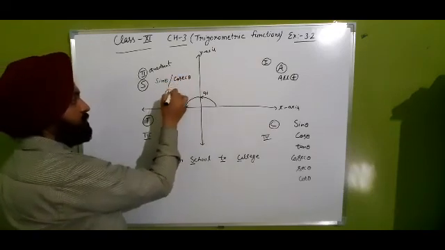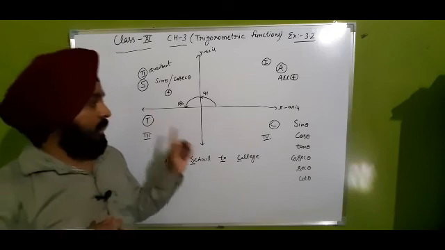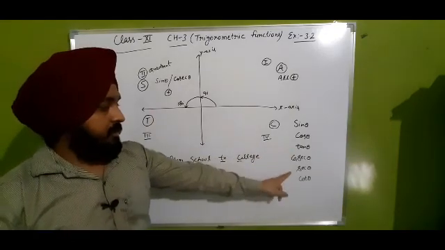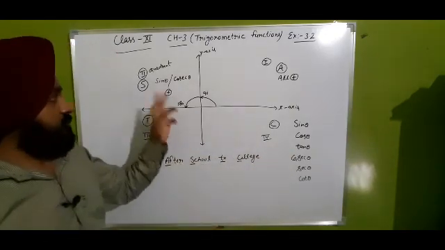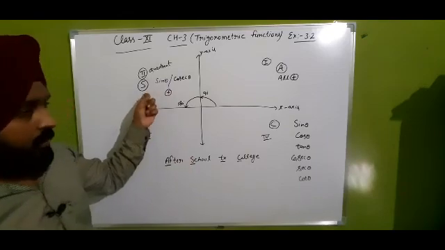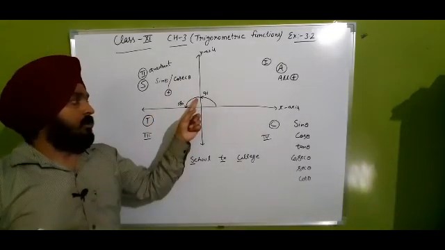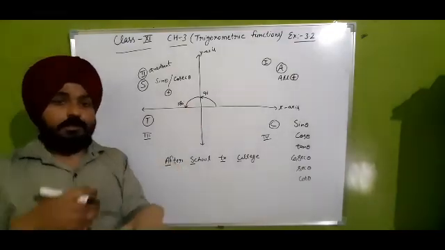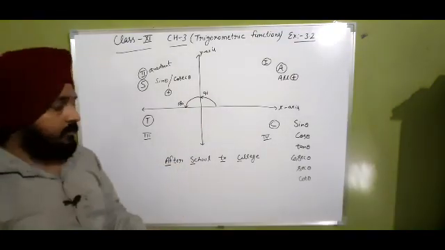These two will be positive, others will be negative. Cos, tan, secant, and cot will be negative in the second quadrant, if theta is greater than 90 degrees and less than 180 degrees.